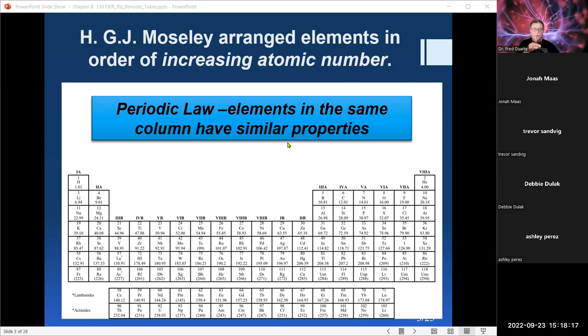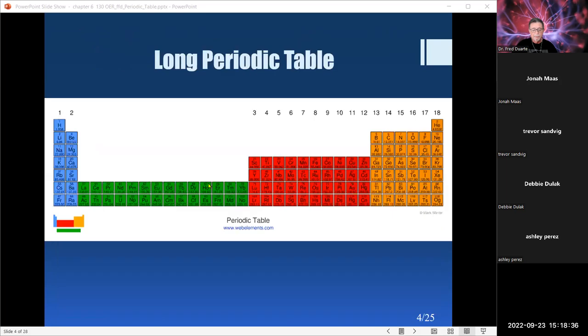He put them in order of increasing atomic number, okay? Then he also brought forward the periodic law, that elements in the same column have similar properties. Again, because they share the same number of valence electrons.